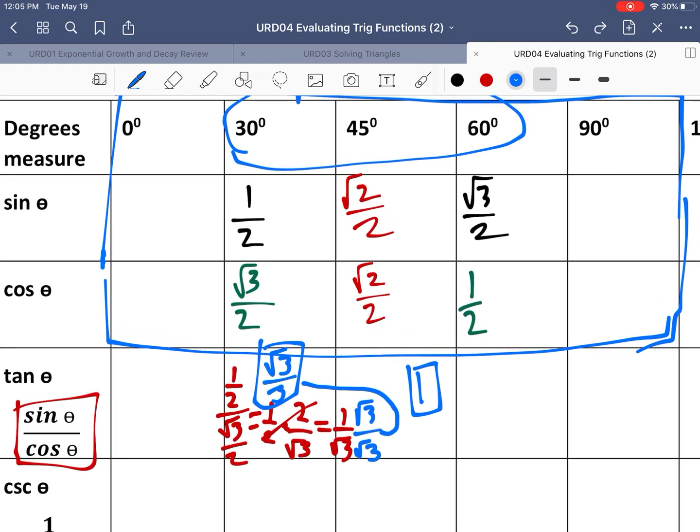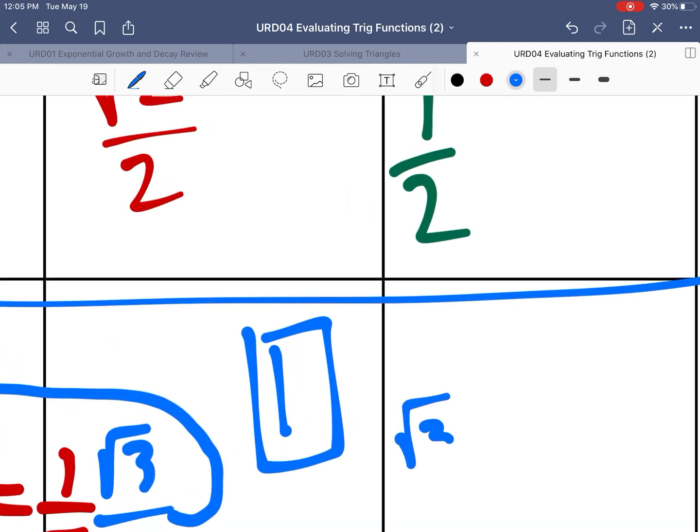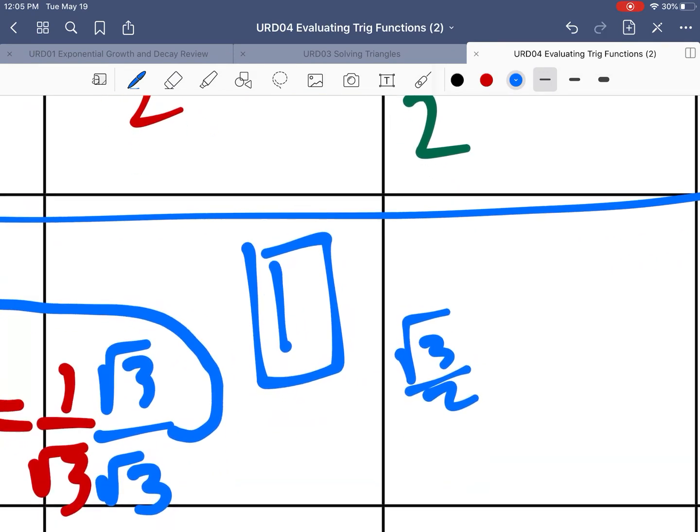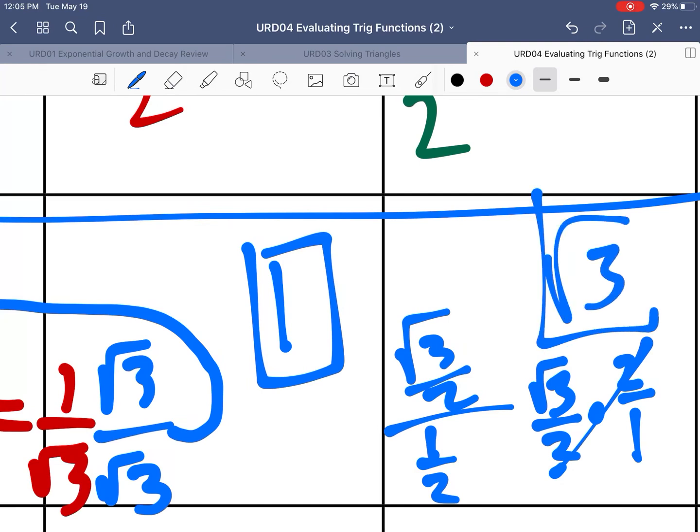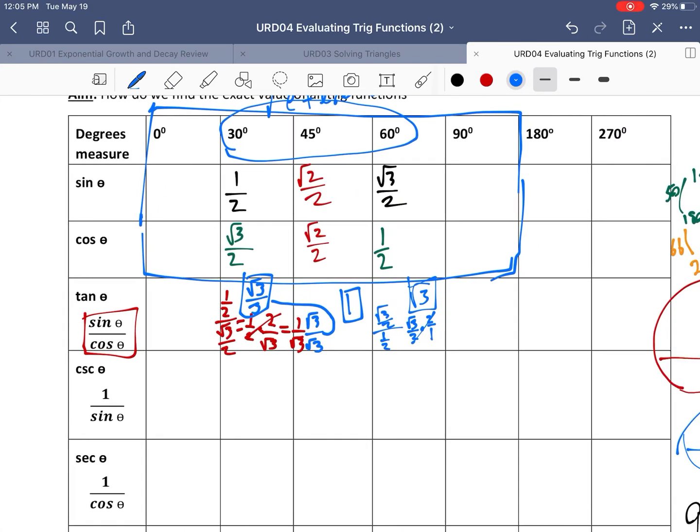And if we do the tangent of 60, I'll get that in the table as well, we're going to get radical 3 over 2 divided by 1/2, which is going to be radical 3 over 2 times 2 over 1, where the 2's cancel out, leaving us with radical 3. So we now have the sine, cosine, and tangent of 30, 45, and 60. And that's kind of how you find the tangents.